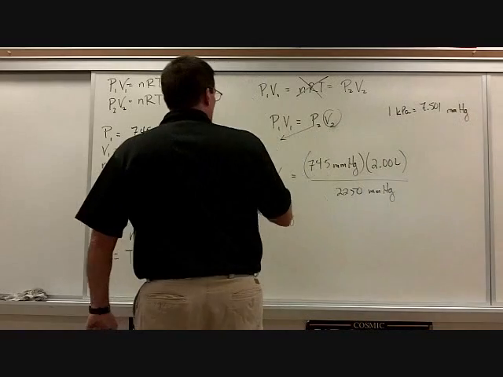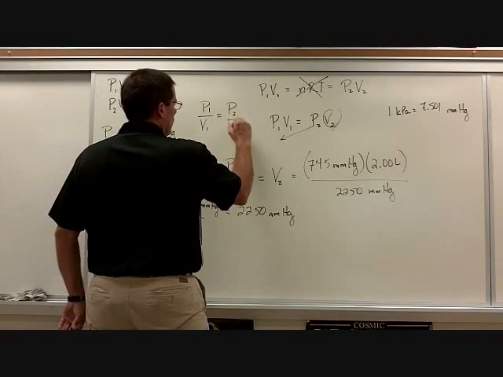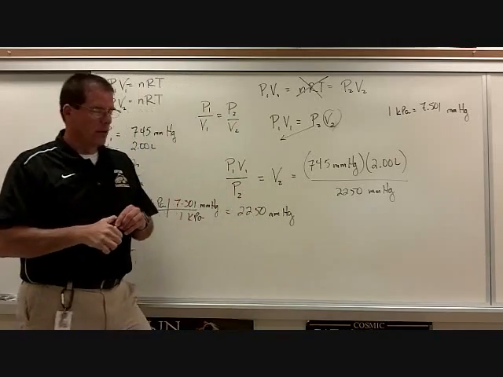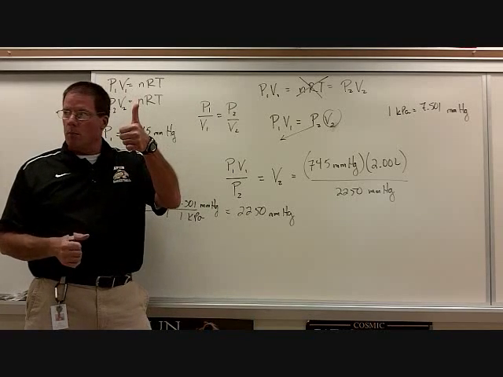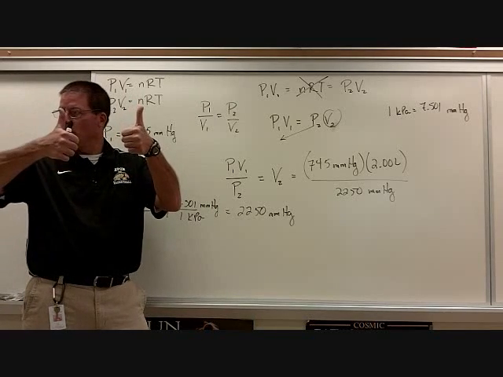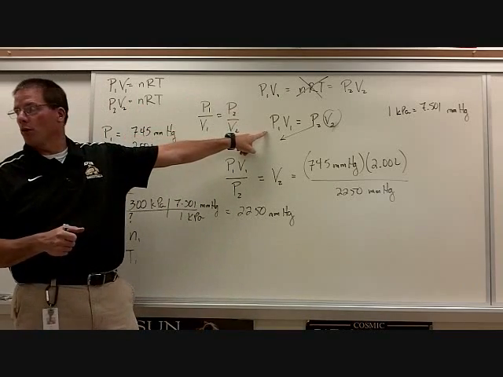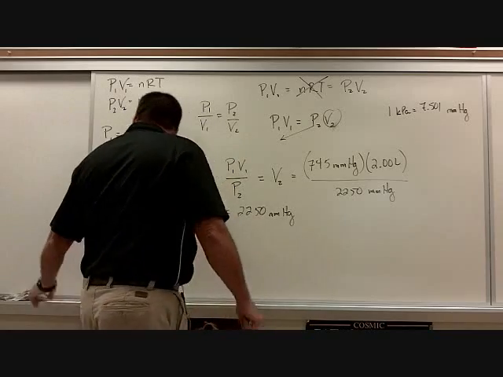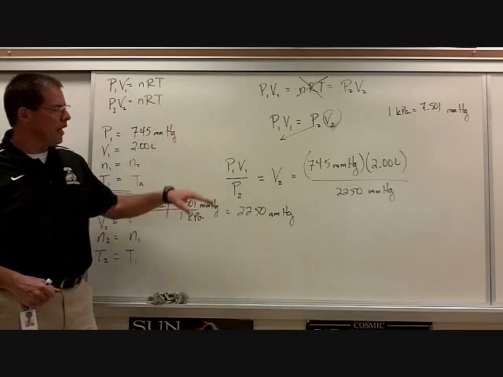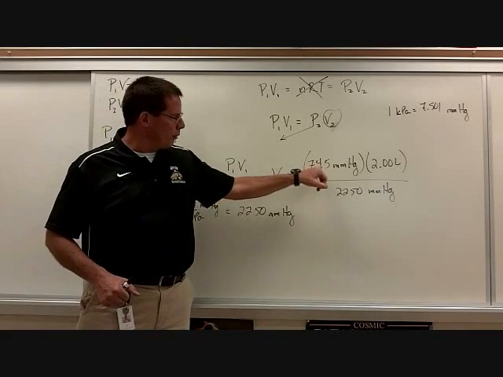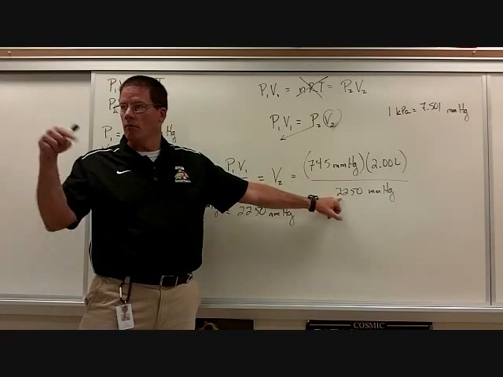If we were dividing, and the pressure goes up, then the volume goes up as well. So they're directly related here, they're inversely proportional here. Some things to remember as you're working it out and you're saying, wow, it's multiplied together. So if my pressure goes from 745 to 2250, my volume should be going down.